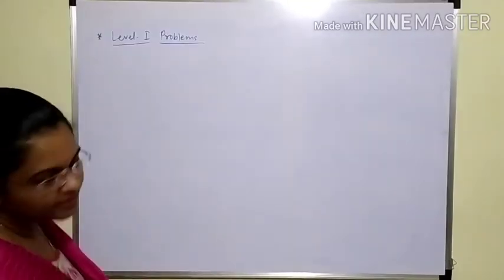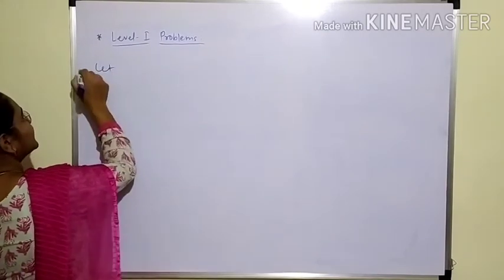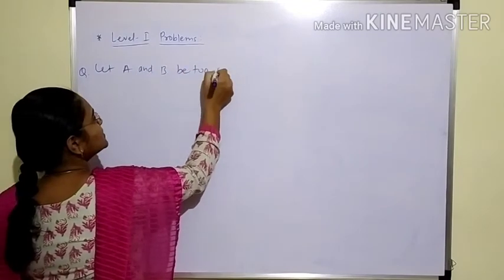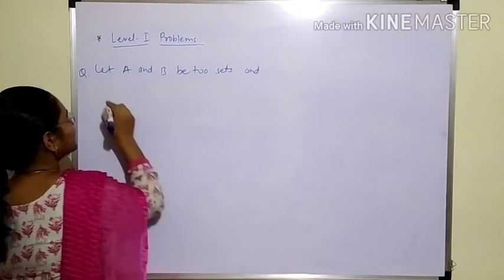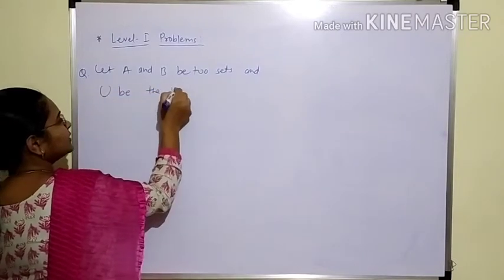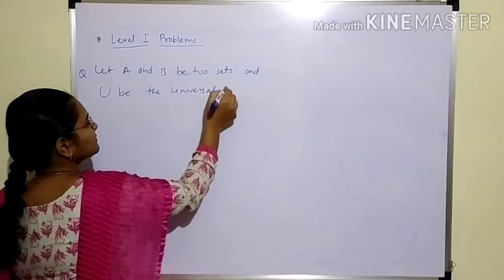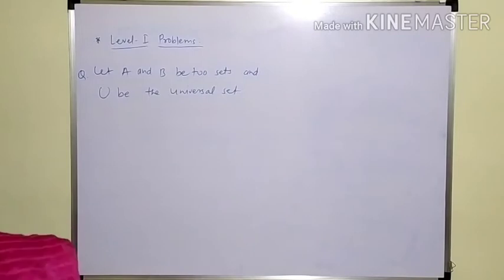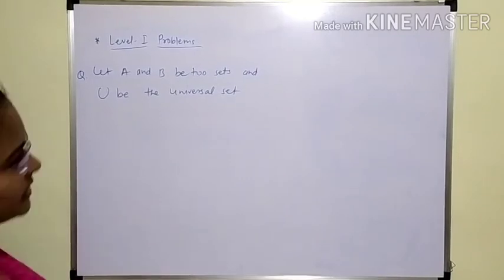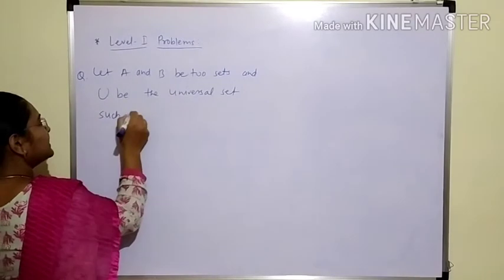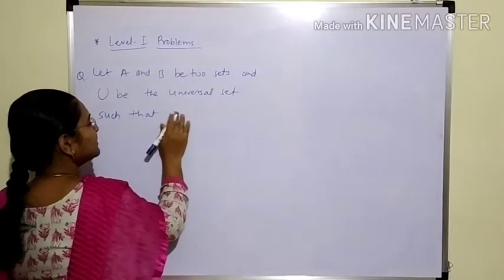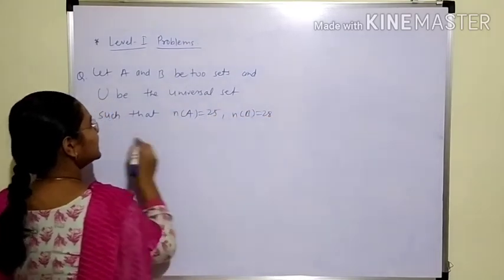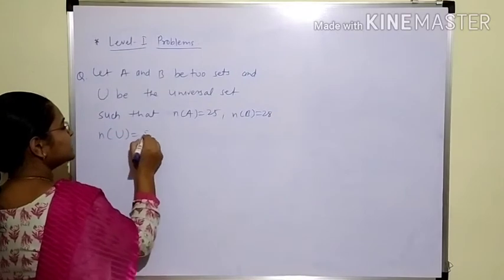Let A and B be two sets and U be the universal set such that the number of elements in A is 25, the number of elements in B is 28, and the number of elements in the universal set is 50.